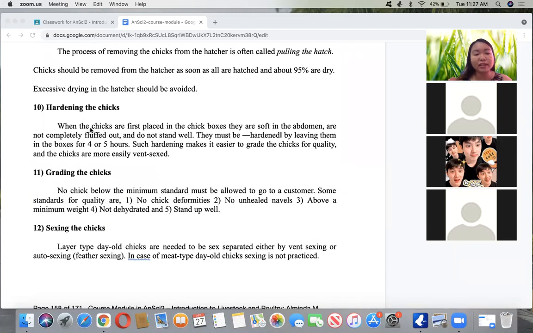So now you are hardening the chicks after that. They are placed in the chick boxes. They are soft in the abdomen and are not completely fluffed out, so they do not stand well. And they must be hardened by leaving them in the boxes for 4 to 5 hours muna. And this will make it easier to grade the chicks for quality and usually easier to vent sex.